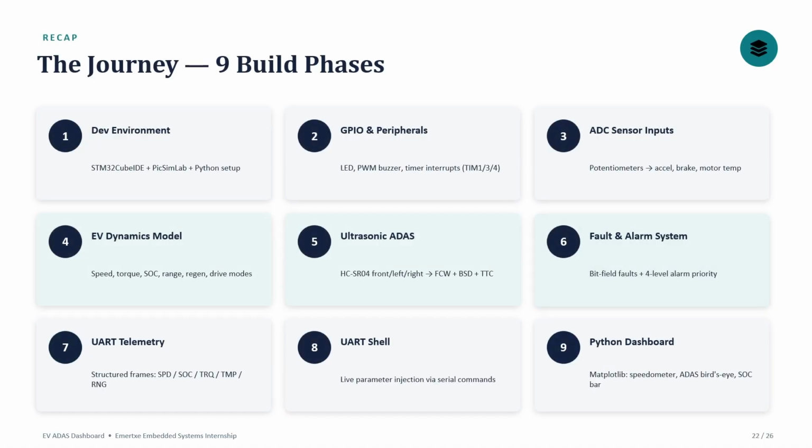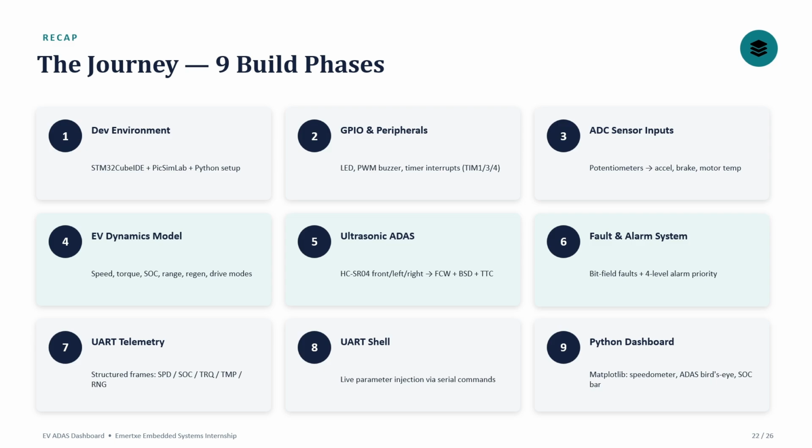Let's quickly recap the whole project. We built it in 9 phases. We started with setting up our development tools like STM32CubeIDE, Lab, and Python. Then we worked on basic hardware, LEDs, buzzers, and timers. After that we read sensors like accelerator, brake, and motor temperature using ADC.